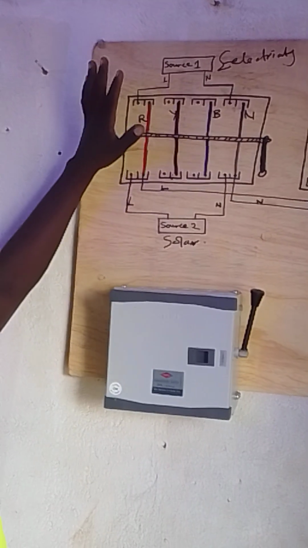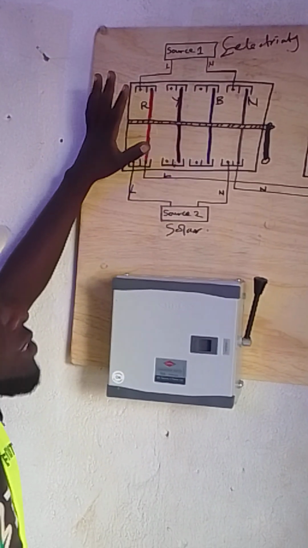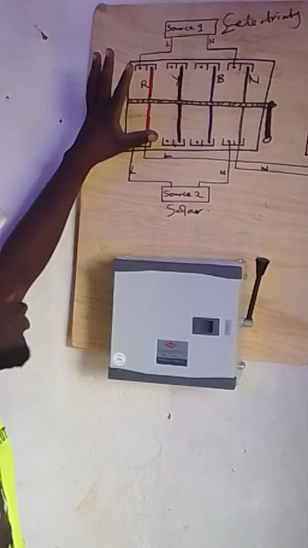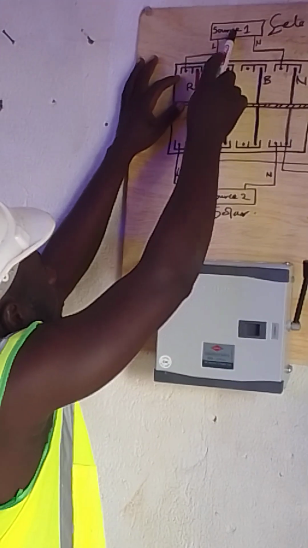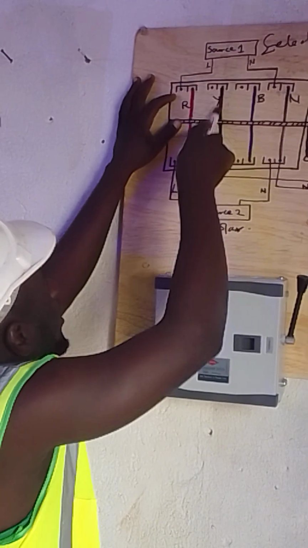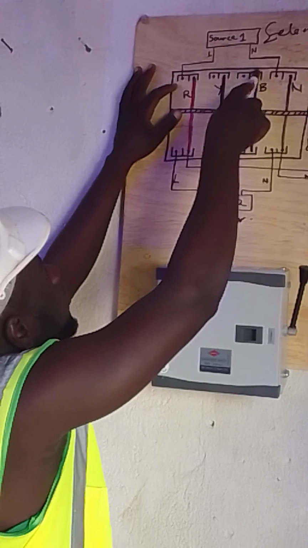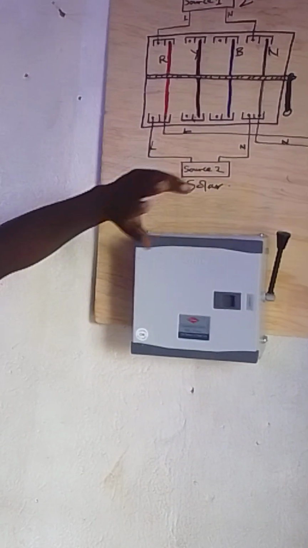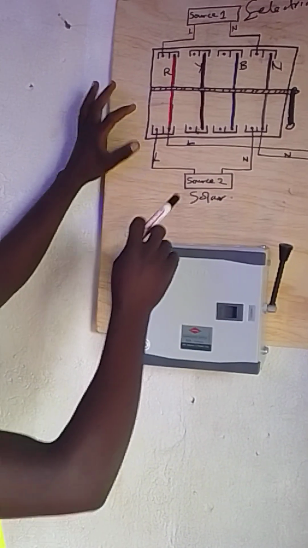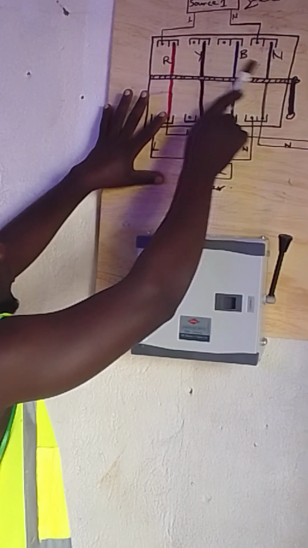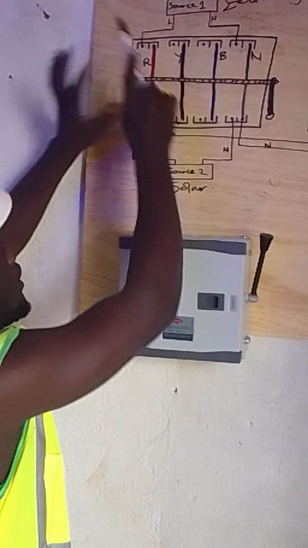But if we were connecting a three-phase power source, we would connect this one also: another supply yellow, and your blue will come here. So our source 1, we have already connected it.